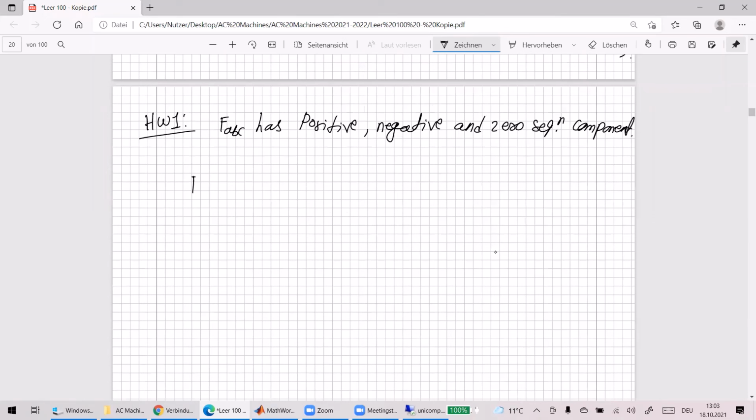So it means our FA will look like F plus cap cos(omega t plus phi naught plus) F negative cap cos(omega t plus phi 0 minus), and then plus F naught cap.